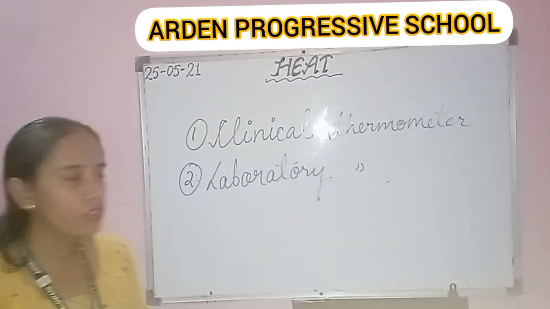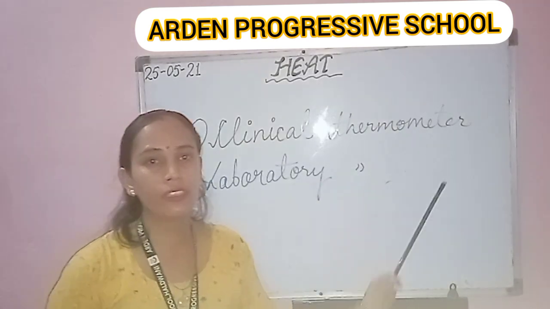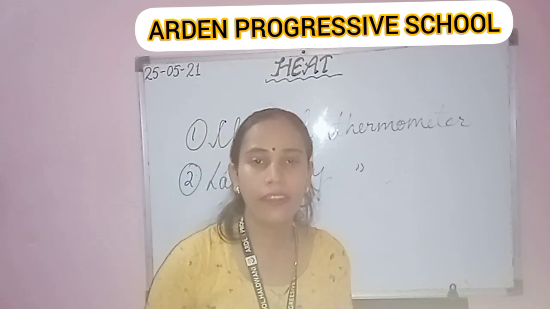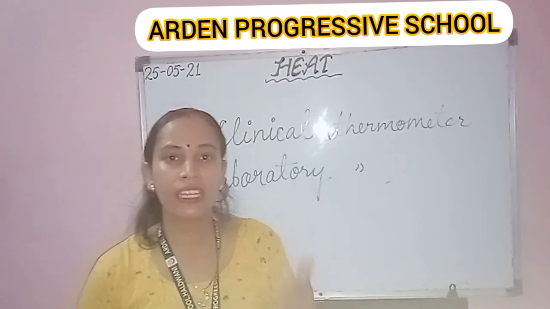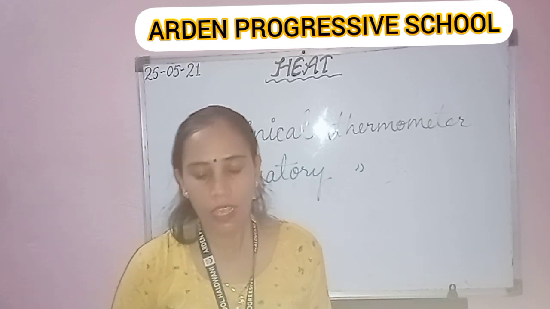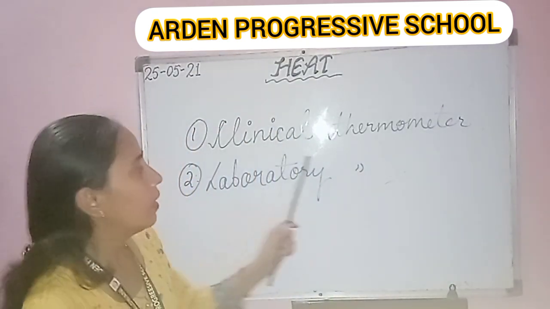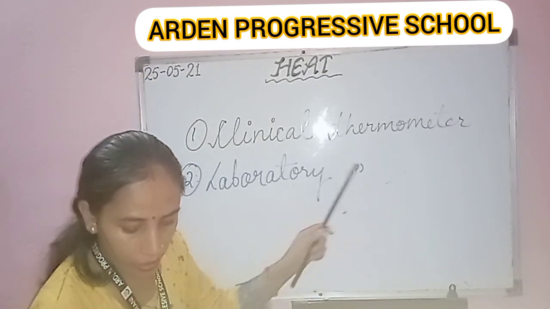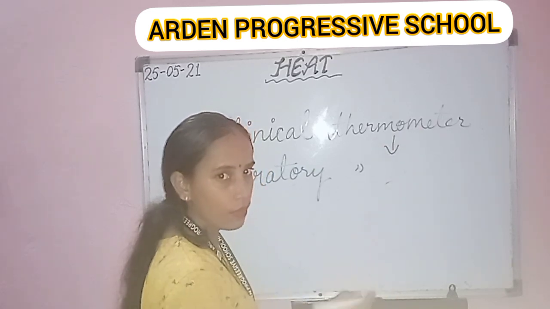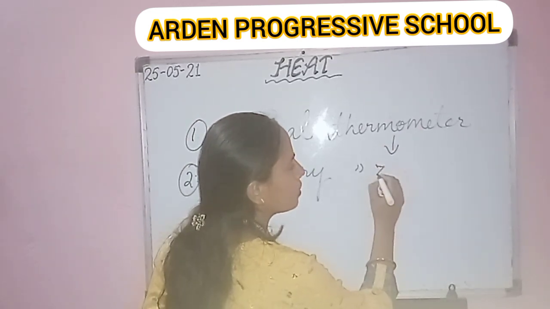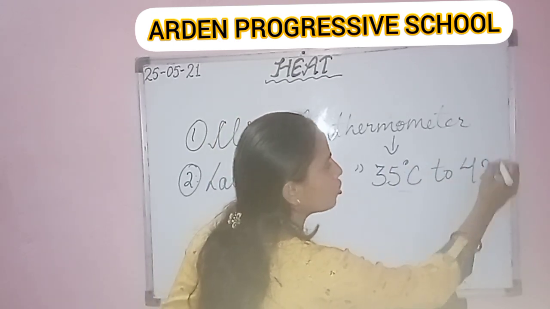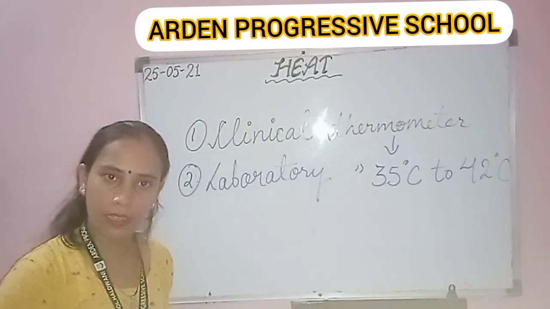Clear? So students, clinical thermometers are those thermometers which are present at our houses and they are used for measuring the temperature of the human body. The clinical thermometer ranges from 35 degrees Celsius to 42 degrees Celsius.